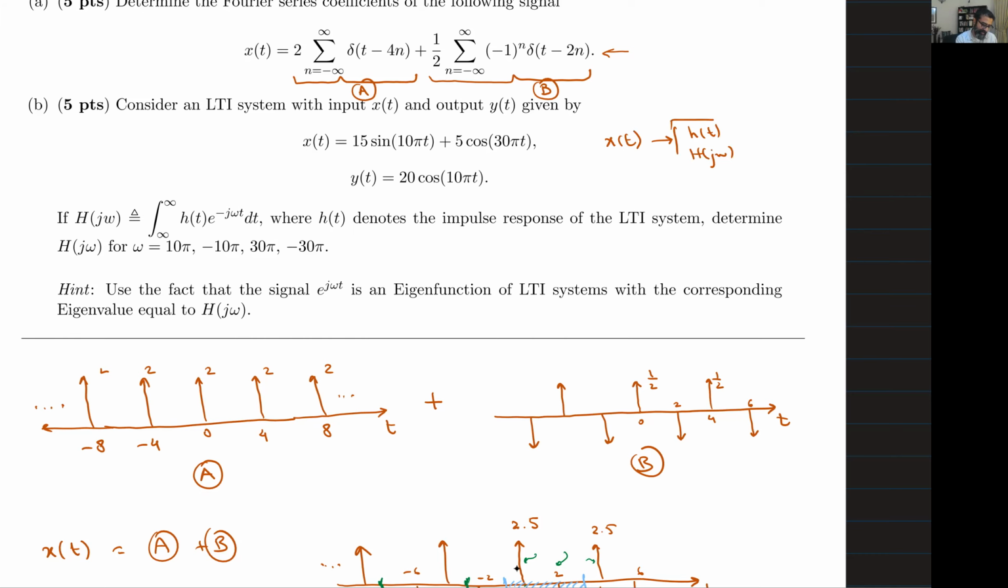And this system is LTI, of course, and the output turns out to be y of t. Okay, and I know what x of t is, and I know what y of t is, right? Given these inputs and outputs, what you are required to find is what H of j omega is for these values. Okay? How do we do this? What could be the first step?